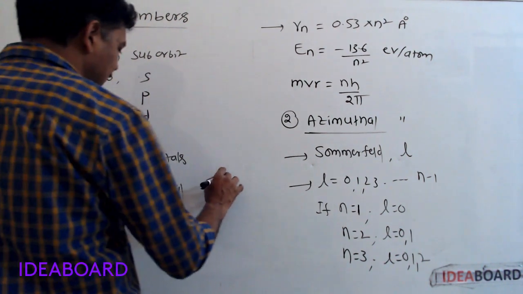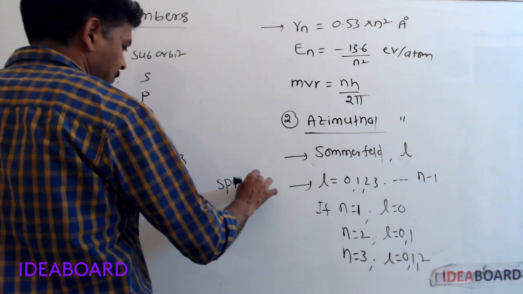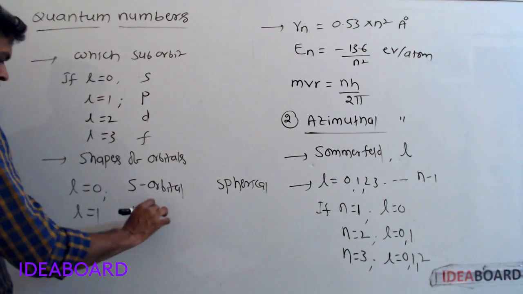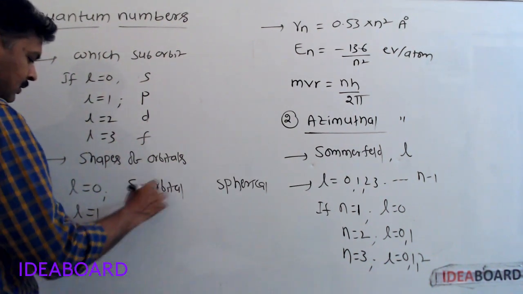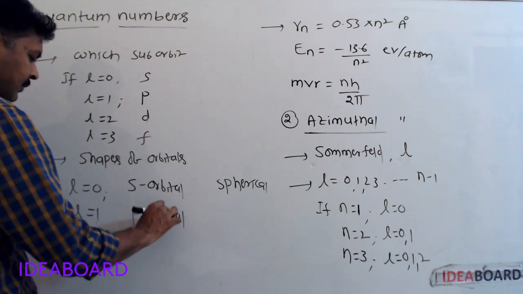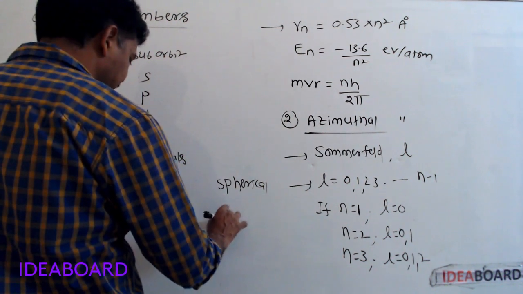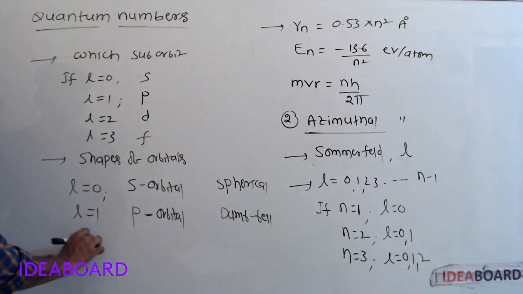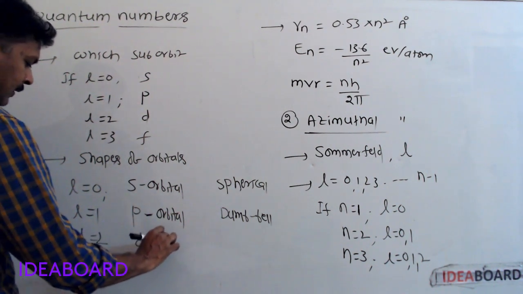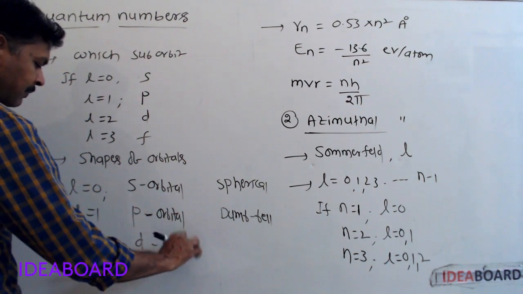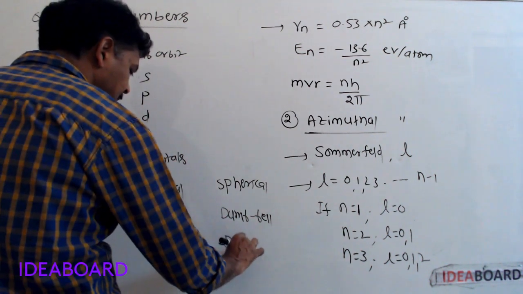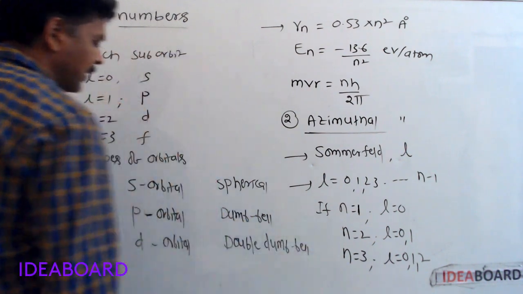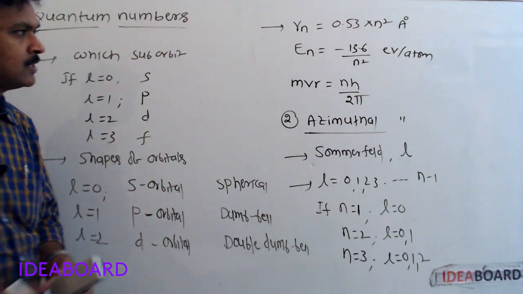The s orbital shape is spherical. l equal to 1 means the p subshell, p orbital; its shape is dumbbell. l equal to 2 means the d orbital; the d orbital shape is double dumbbell. So it gives the shapes of the orbitals.